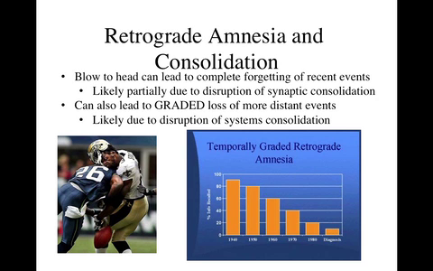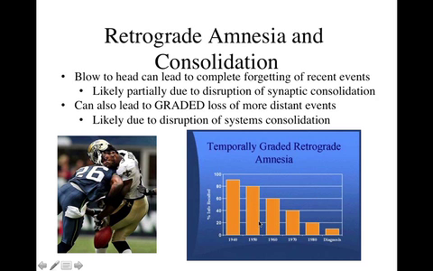If somebody has a car accident, they often will forget almost all the information immediately before the accident and quite a bit of the information from earlier in the day. And then as one goes back in time, if it's unfortunately a very serious accident, the retrograde amnesia can go back decades. What you'll see is it's graded, so the further away you get from the event, the better the memory may be.